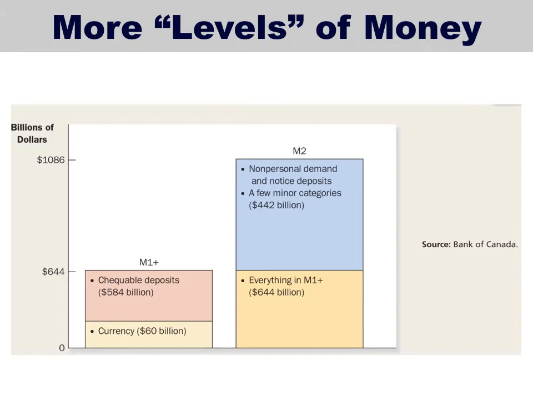Notice how long it takes to convert that term deposit into currency. That's why it is not as liquid as currency. And of course, that's why it is a higher number on the M scale.